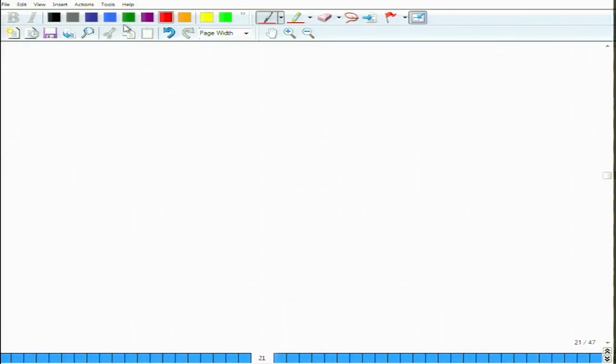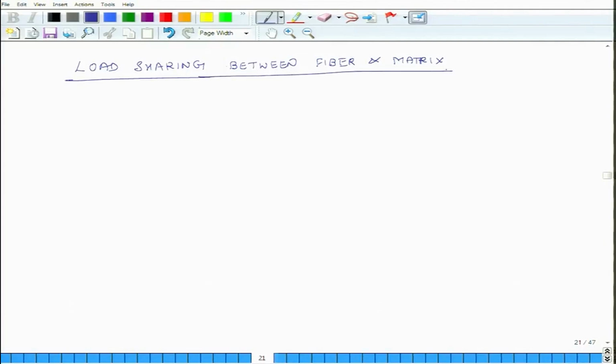So, our focus will be load sharing between fiber and matrix. So, we have to get a feel of this.